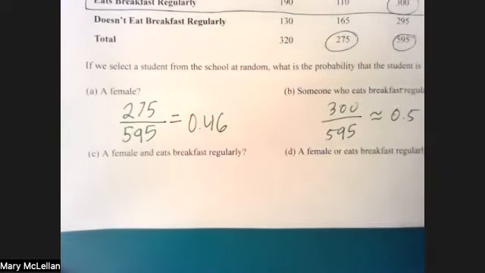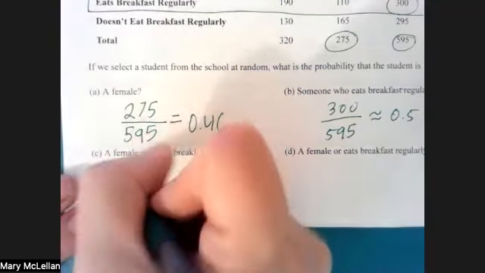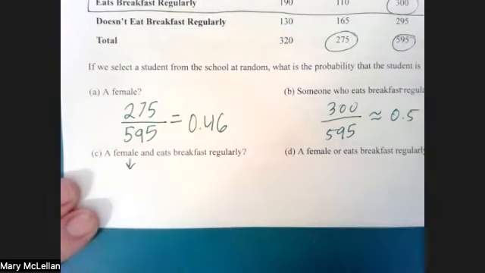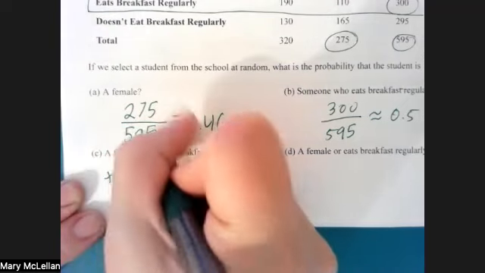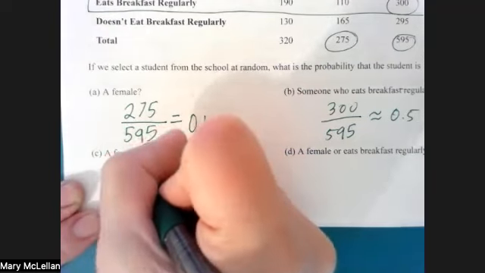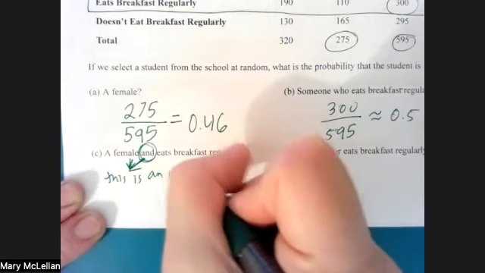Okay. C, a female who eats breakfast regularly. This is an intersection question. So in the table, it's the overlapping cell.